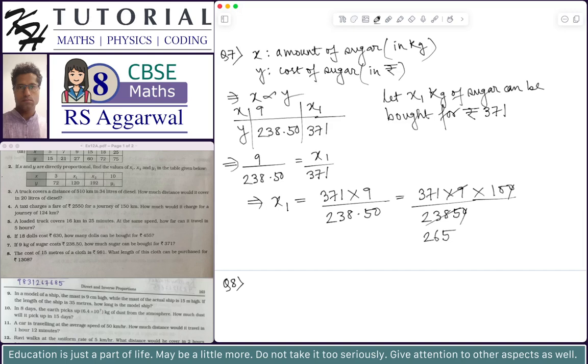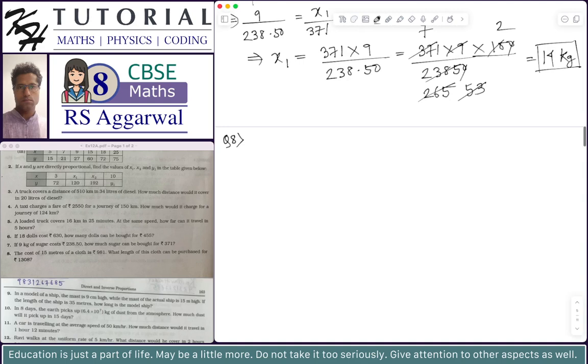Now 5 divides 10 with 2, 5 divides 265 with 53. And of course 53 divides 371 with 7. So this is equal to 14. So 14 kg of sugar can be bought for rupees 371. Okay.